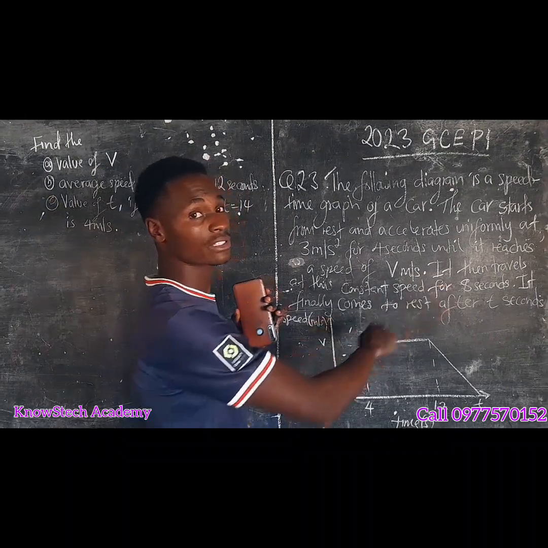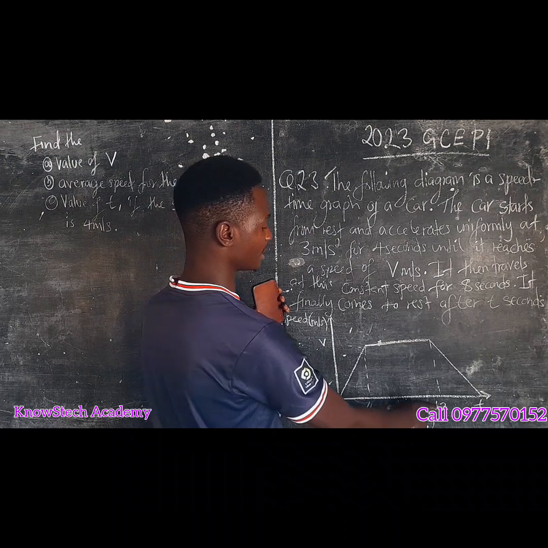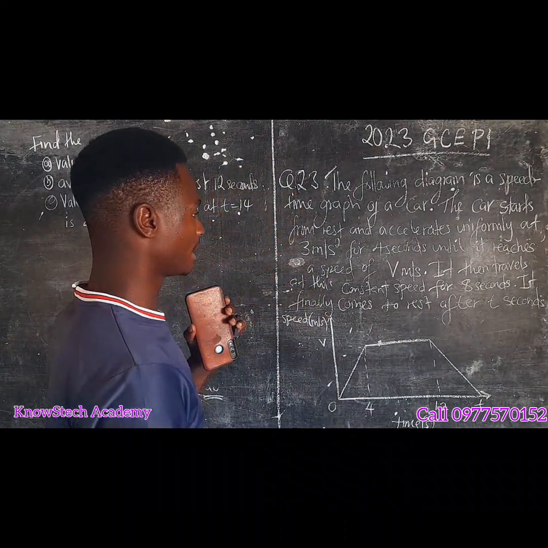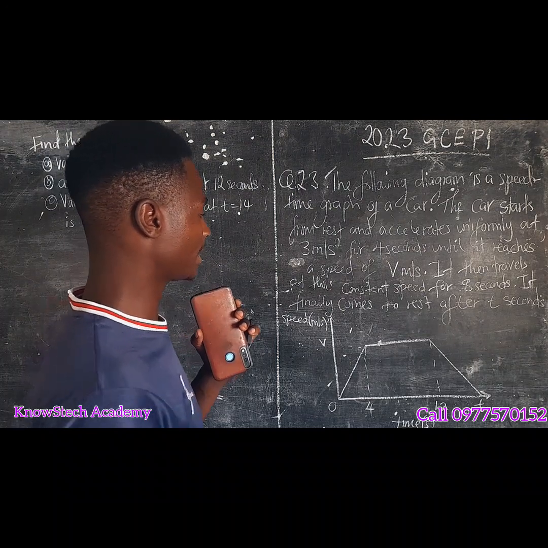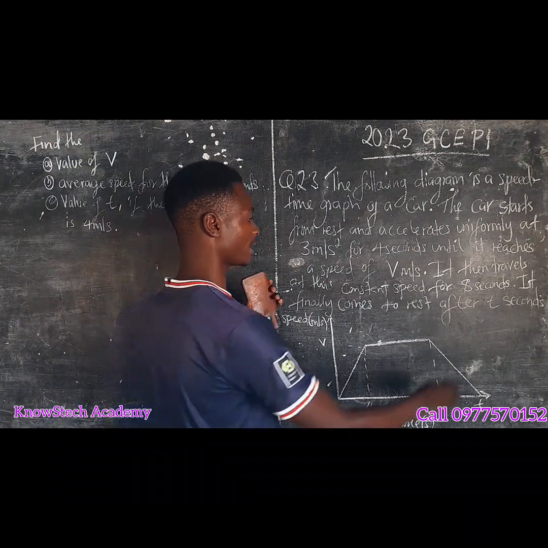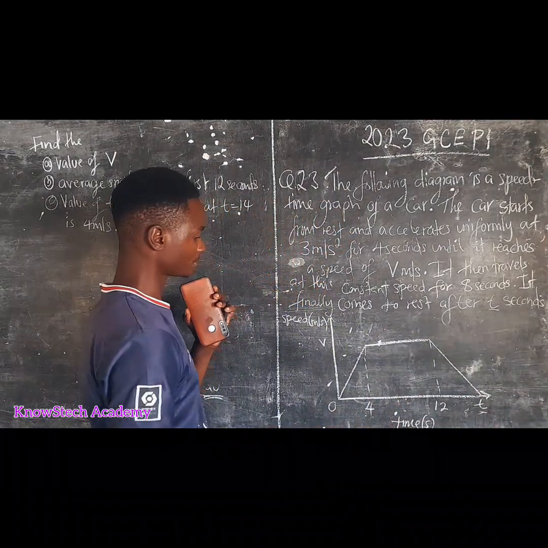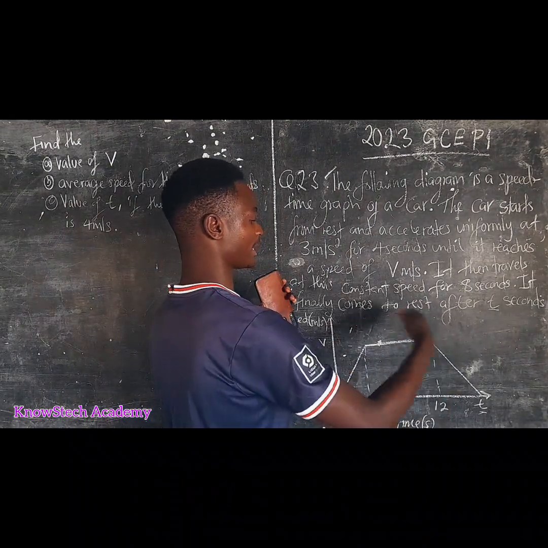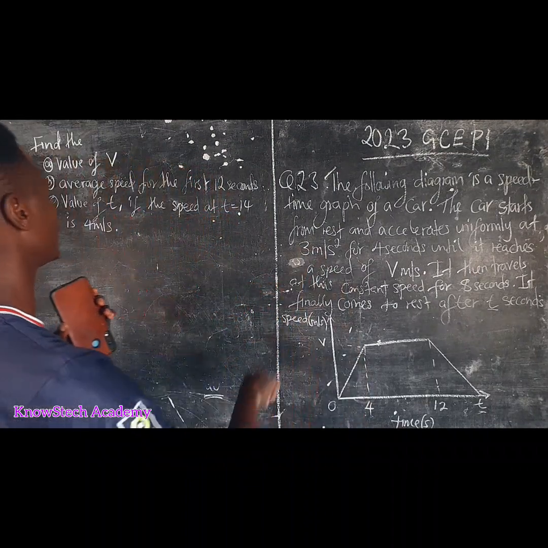It then travels at this constant speed for the next 8 seconds. It finally comes to rest after t seconds here. So this is the diagrammatic representation of this statement.